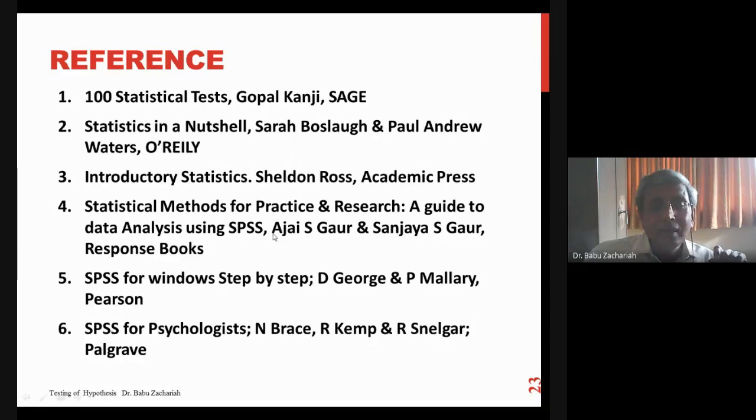And regarding learning SPSS, you can use this fourth book, Statistical Methods for Practice and Research: A Guide to Data Analysis, by the Indian authors Ajay Gaur and Sanjay Gaur. And the fifth book, SPSS for Windows Step by Step, by George and Mallory, that also is a good book.